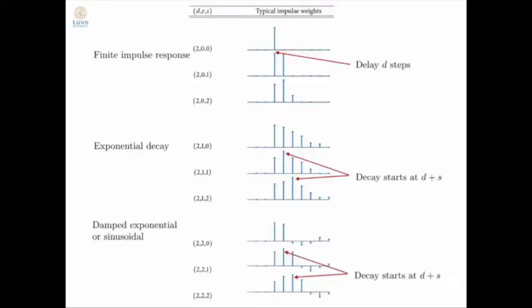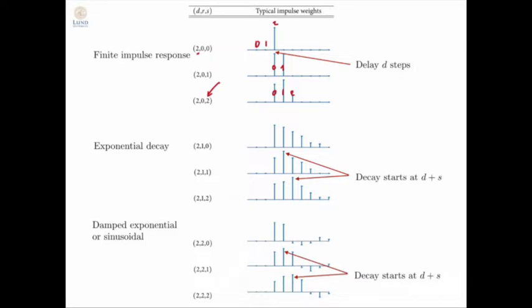So we have gathered all these results up here in this table. This is the impulse response, and you can see here that if I have a d of 2, I will have 0, 1, 2, as the position where my impulse response should start. And if I have r equal to 0, that means that I will have this as position 0, and I have one component. Same here with 0, 1, 2. So I can determine the length of the impulse response, and that will give me s in the case when r is equal to 0.